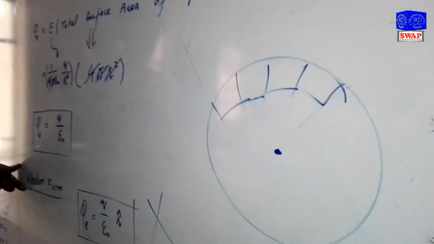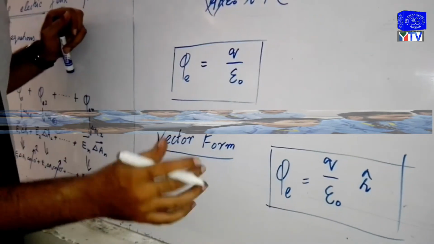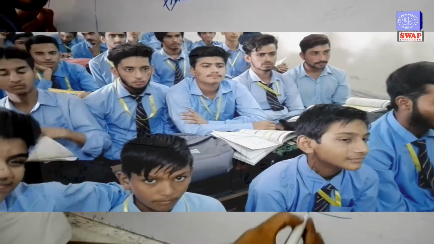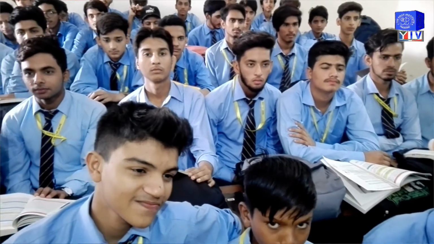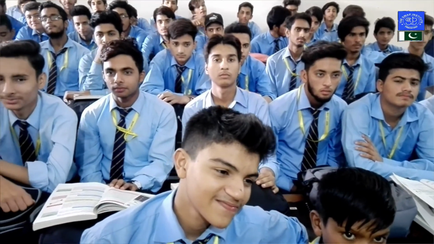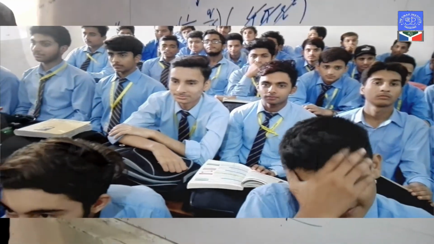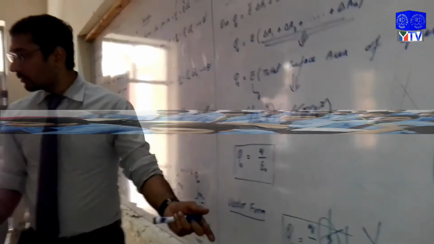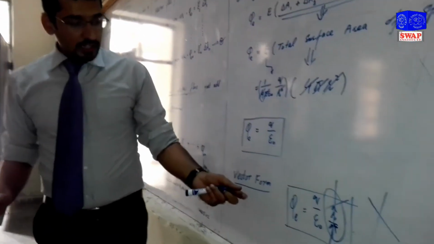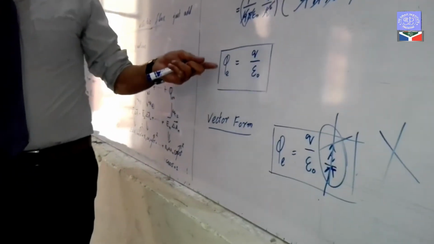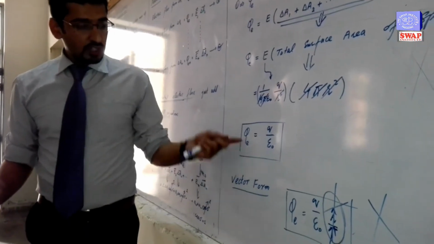In vector form, students are very confused and make mistakes by adding a unit vector here. This is not a correct value, because electric flux is a scalar quantity, so it has no vector form. An MCQ can be asked in the examination, like if flux is q/epsilon naught, what is the vector form of this?